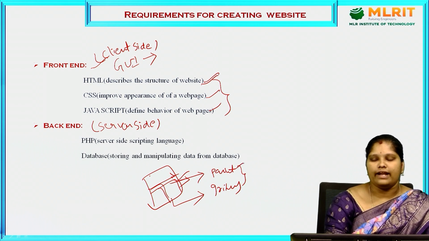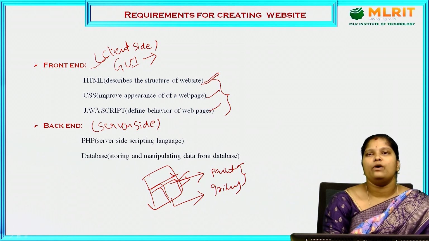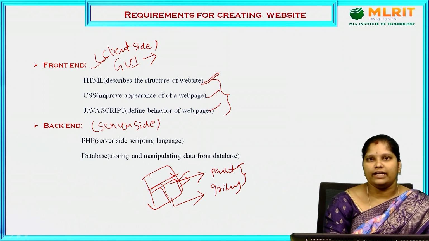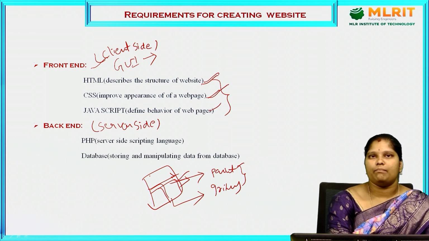This is called CSS. For improving the appearance of the web page, we need to add background colors, text formatting tags, fonts and text colors. For this styling purpose we use CSS.